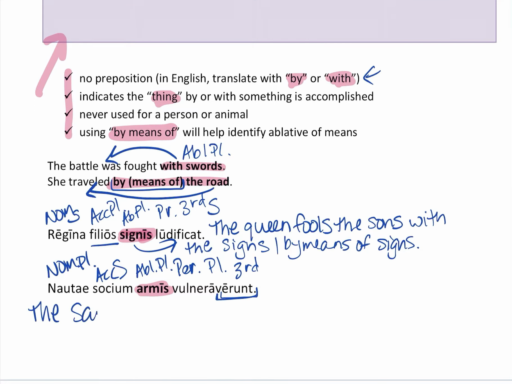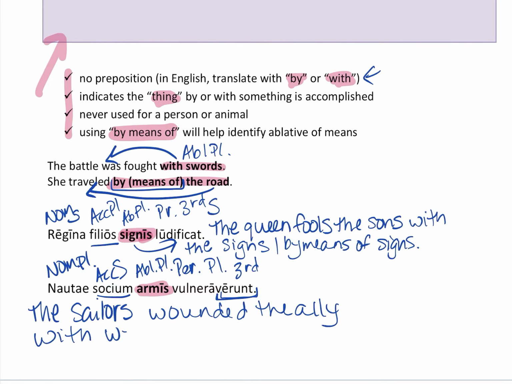Okay, so now the sailors, what did they do? They wounded. Who did they wound? The accusative, the ally. Here again, you can say with weapons, or you could say by means of weapons.